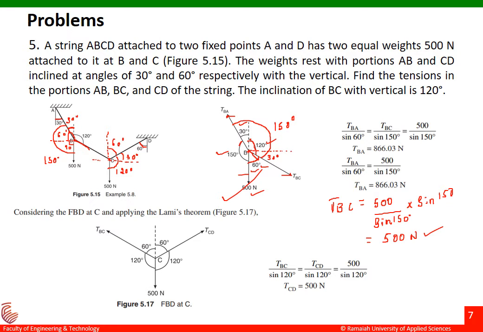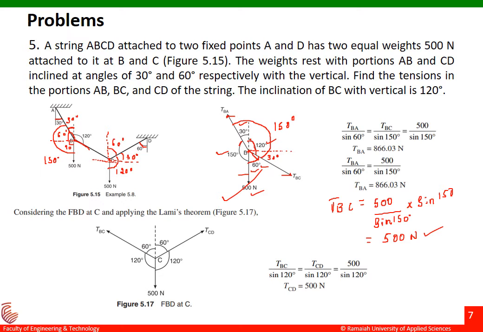Fine, and then I'll draw a line like this. Okay, so the angle between TCD and then 500 Newton is 120 degrees here.